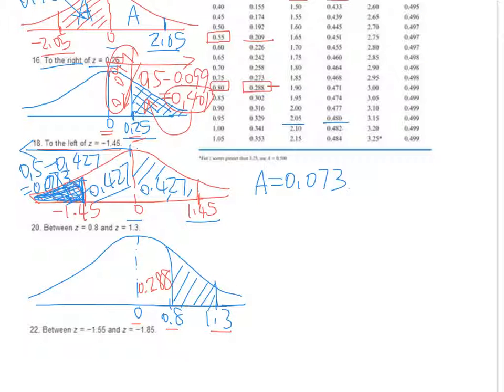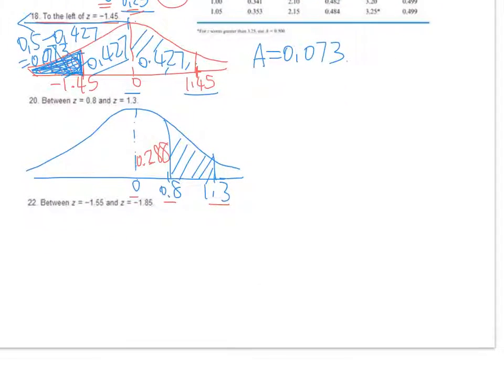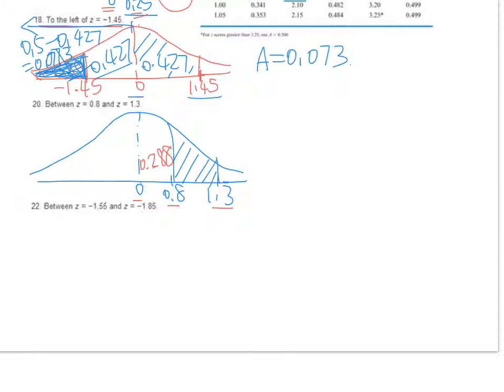So when we use 1.3, go to the table, 1.3 is going to be right here, and the value is 0.403. This 0.403 indicates the area between 0 and 1.3, which means this region should have the area of 0.403.